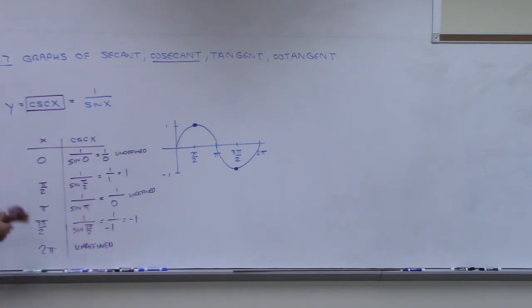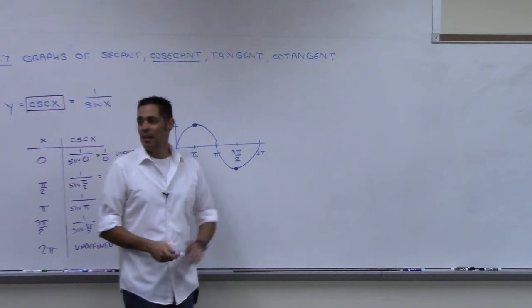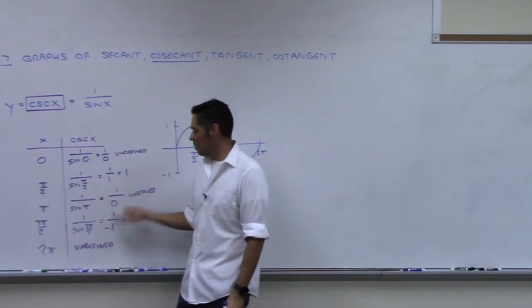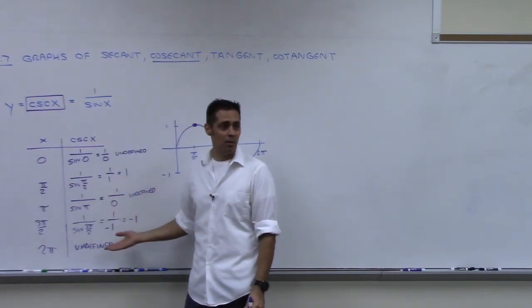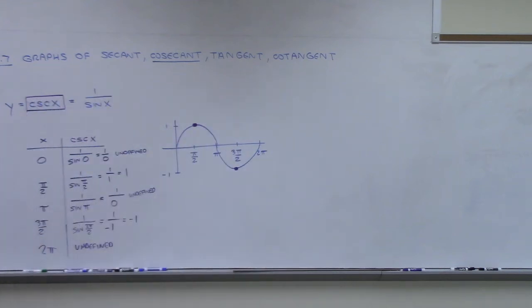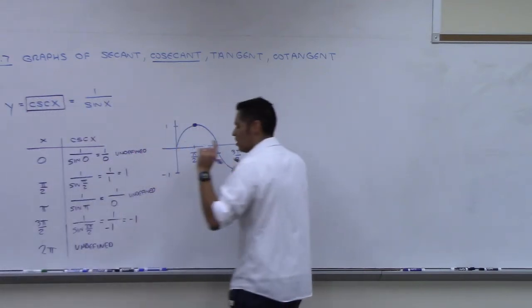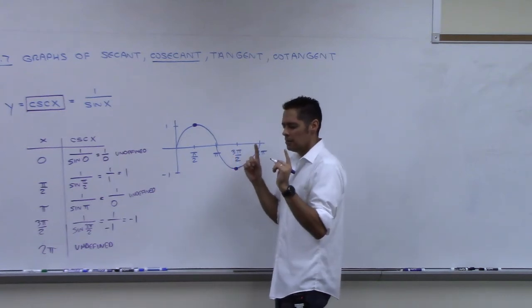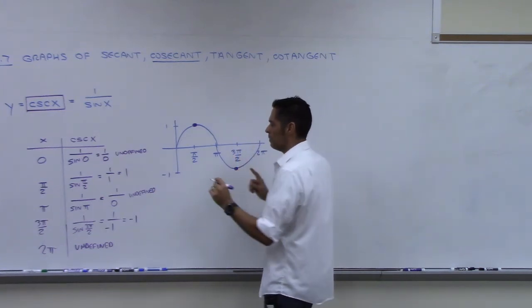So far, I tried to pick the same points I used for sine, and I was only able to get 2 points that were worth any value to me at all, right? So what the heck does this thing look like then? Well, let's try something. I want you to think about what would happen here.